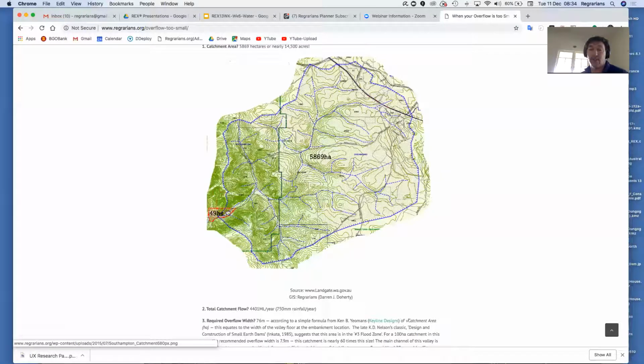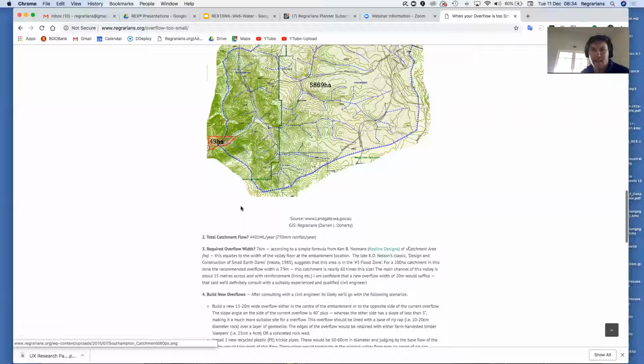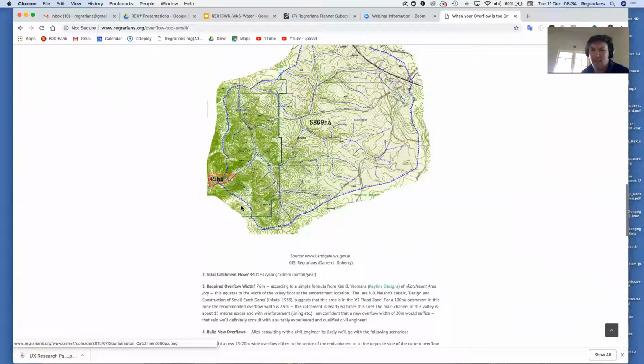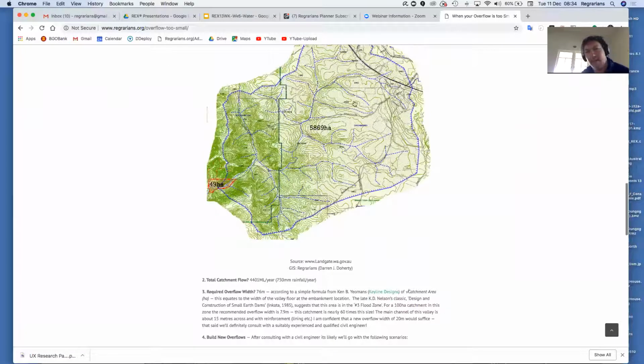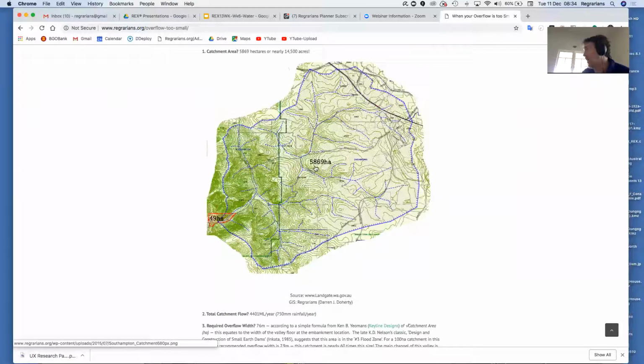And the engineer had apparently designed this dam to have the right size spillway and everything. Anyway, I got there and I went, this can't be right. So I did an analysis of the catchment and found that it's 5,800 hectares and the spillway is 3 meters wide.